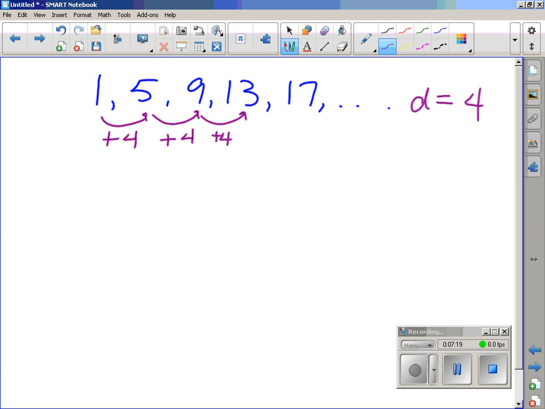All you do is add 4. So to write our recursive rule, we say to find the nth term or any term, I take the term right in front of it and I add 4. Now you say, well, what was the first term? Well, the first term was 1. That's the entire recursive rule.